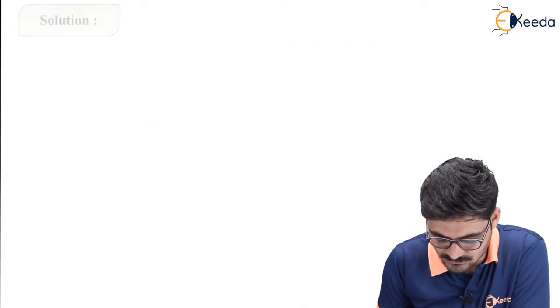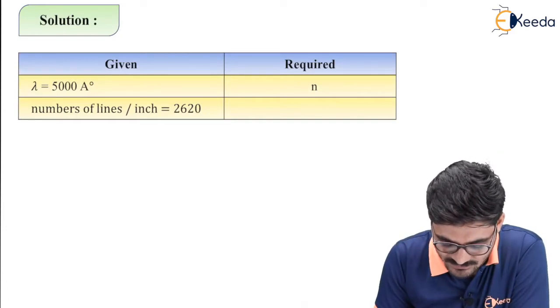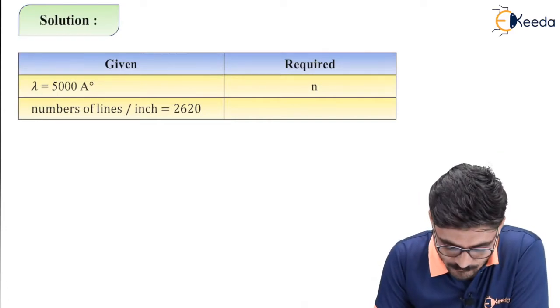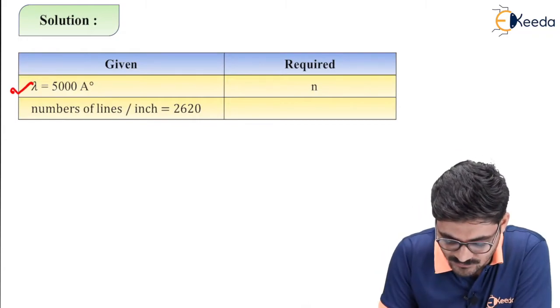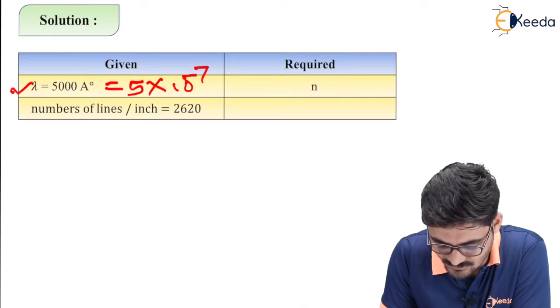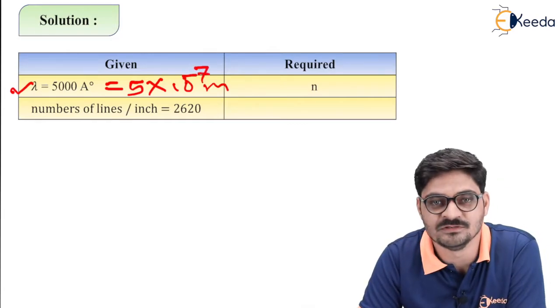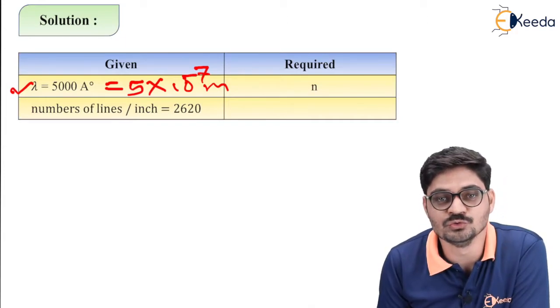So the solution: first we will write the given data. The wavelength lambda is given as 5000 angstrom. We have to convert it into 5 into 10 raised to minus 7 meter, since the SI unit is meter. And the number of lines per inch is equal to 2620.